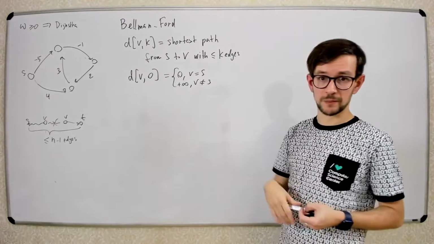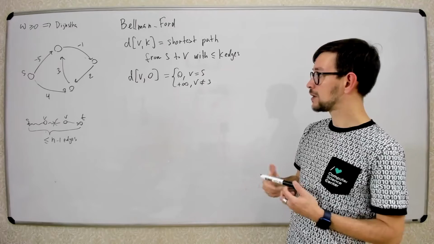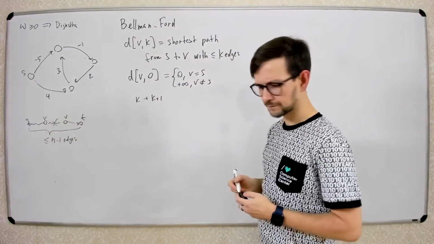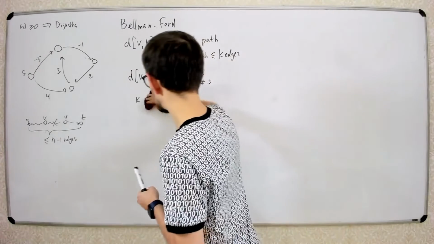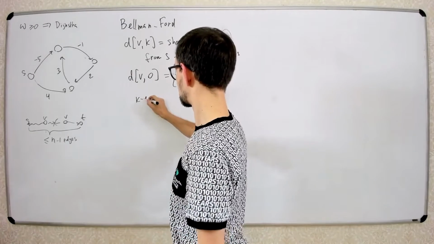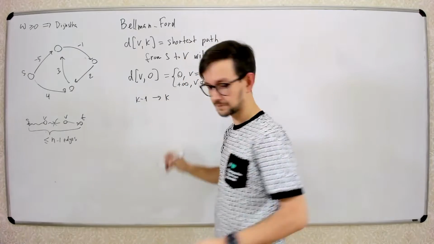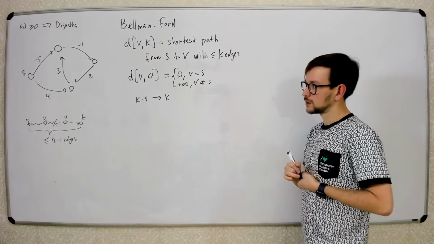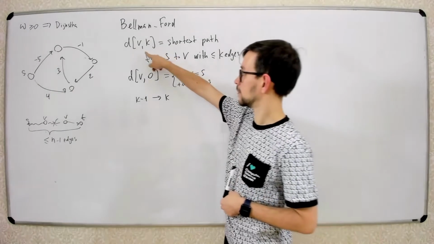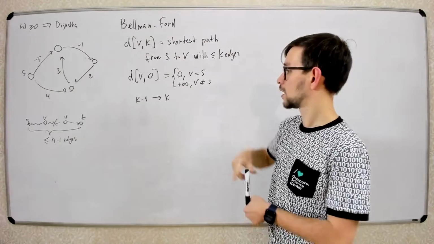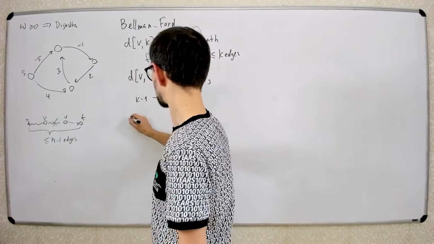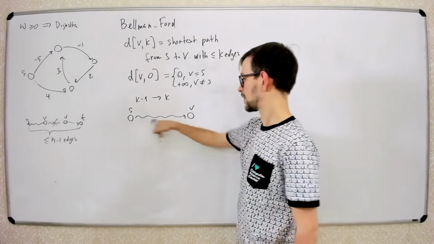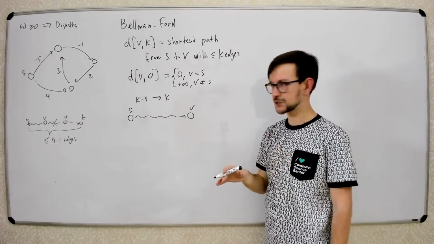So we start dynamic programming with value k equal to 0. Now we need to make the transition from k to k plus 1. No, let's do it from k minus 1 to k. So I want to calculate this value. I want to find the shortest path from vertex s to vertex v, and this path should contain no more than k edges.